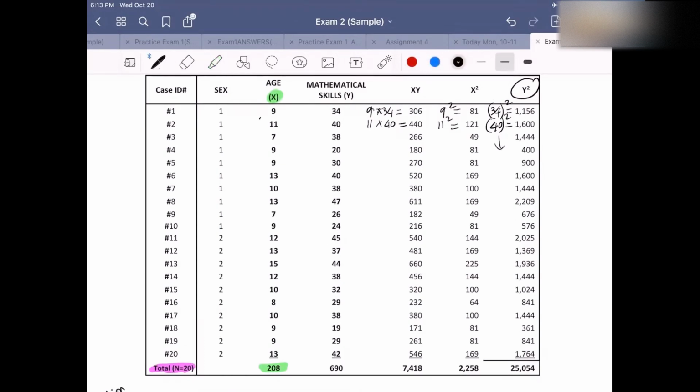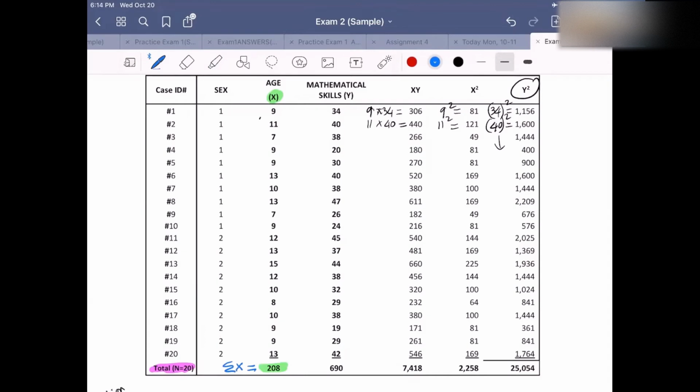So the notation for it would be, here, let me see first. So these are the X values. So this is the sum of the X values. So that's the notation for the sum of the X values. And you need to know how to write the notations so that you can plug them into the formula, okay?